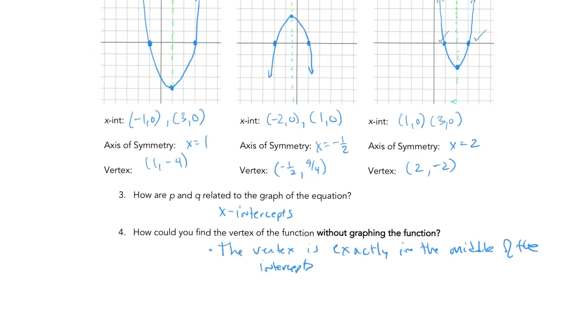And then what we usually do is plug in x to find y.